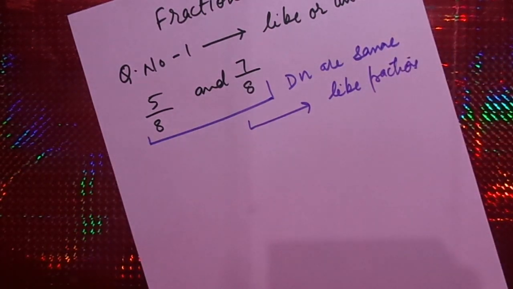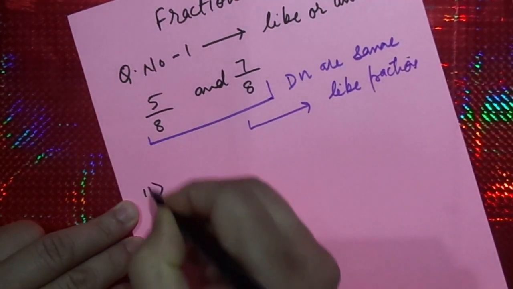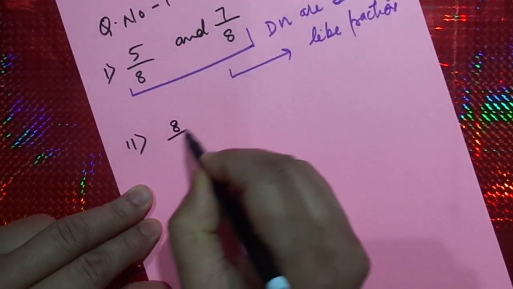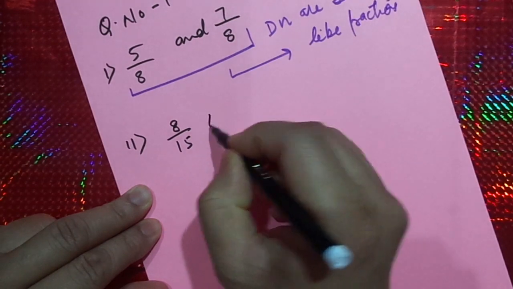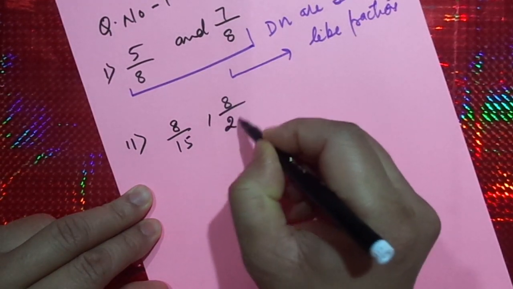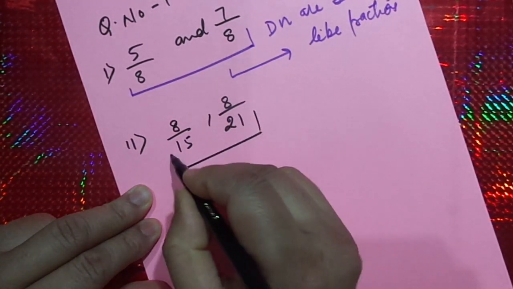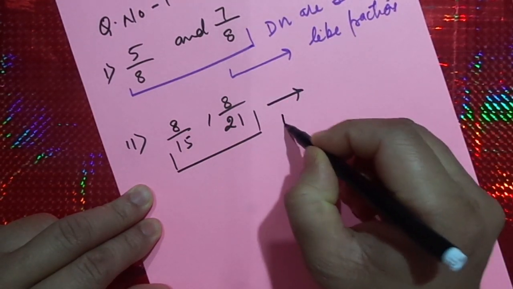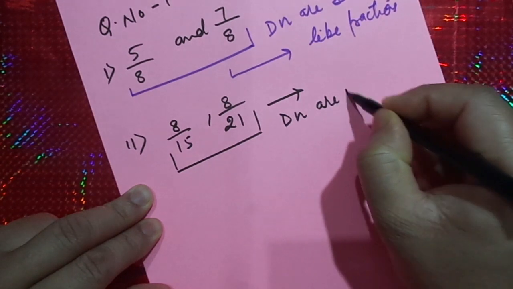But in case I find fractions like 8 by 15 and 8 by 21, these fractions have different denominators. The denominators are unequal.